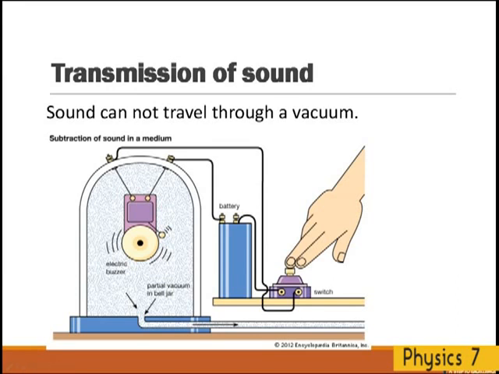It becomes less and less audible, and you will reach a point where you won't be able to hear the sound from the electric buzzer, despite the fact that you will see that the electric buzzer is ringing. So the buzzer is still ringing, but you can't hear any sound. And that is because sound cannot travel through a vacuum.